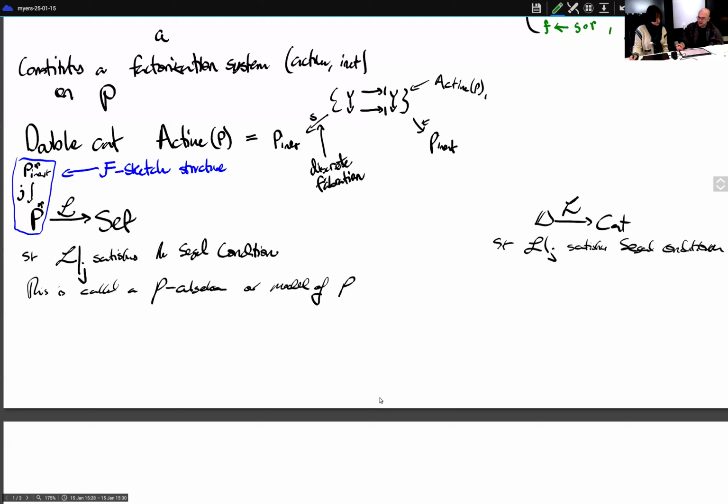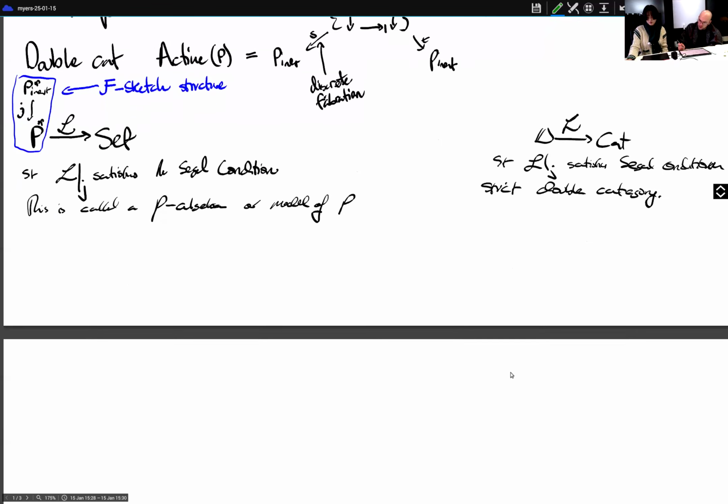That is the same thing as being a strict double category. Or generally, it's generally true that Delta with the sketch structure we've put on it through the algebraic pattern is the sketch for category objects. So this is a category object in Cat.